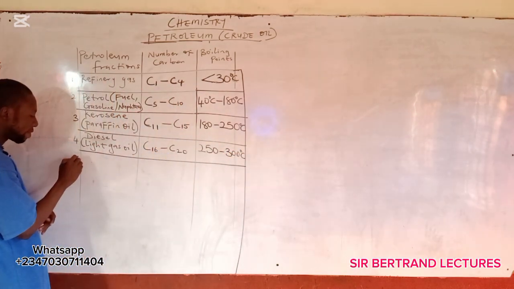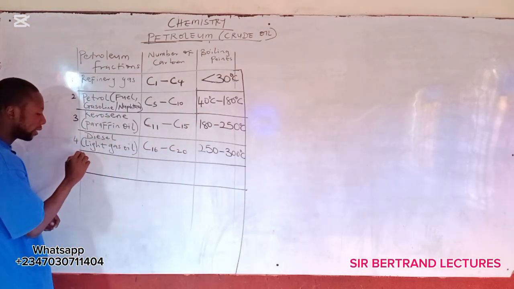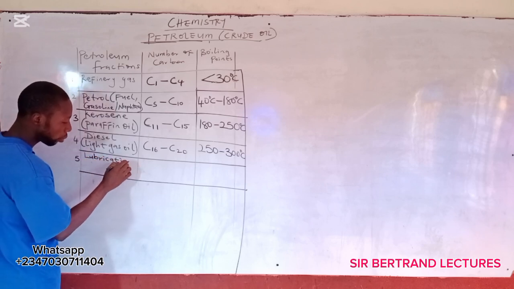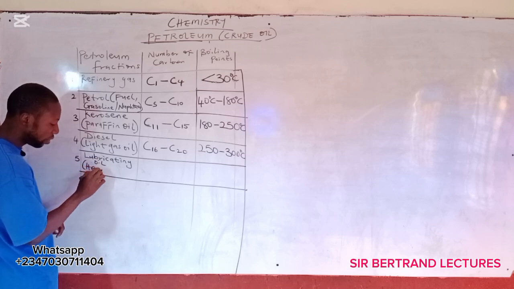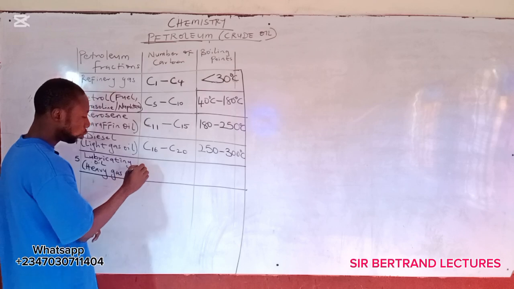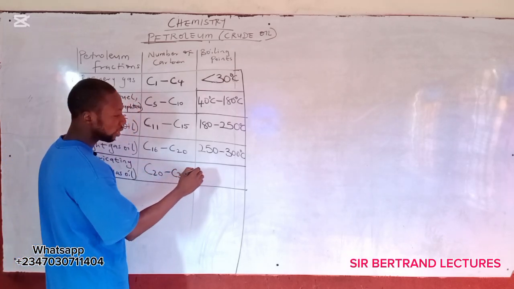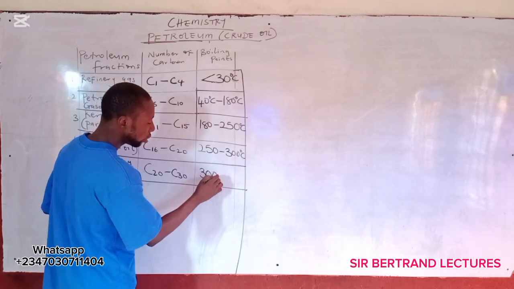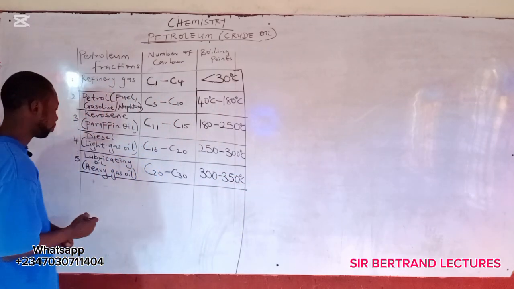Okay. The number 5 here we have lubricating oil, which is also known as heavy gas oil, containing carbon number 20 to carbon number 30. Then it is refined at a temperature of 300 to 350 degrees Celsius.